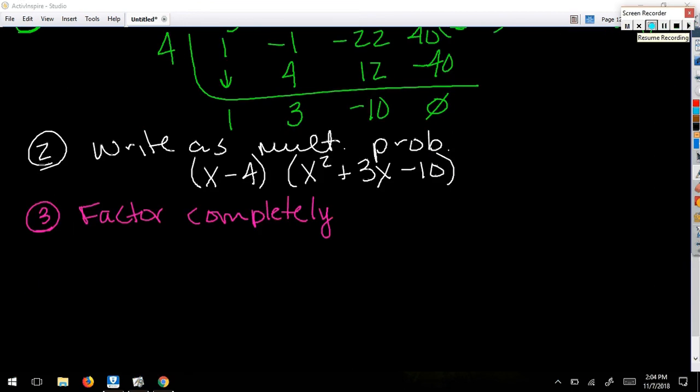Let's finish factoring. David, tell me what multiplies to negative 10 but adds to positive 3. 5 and negative 2. Right? So I have x minus 4, x squared.